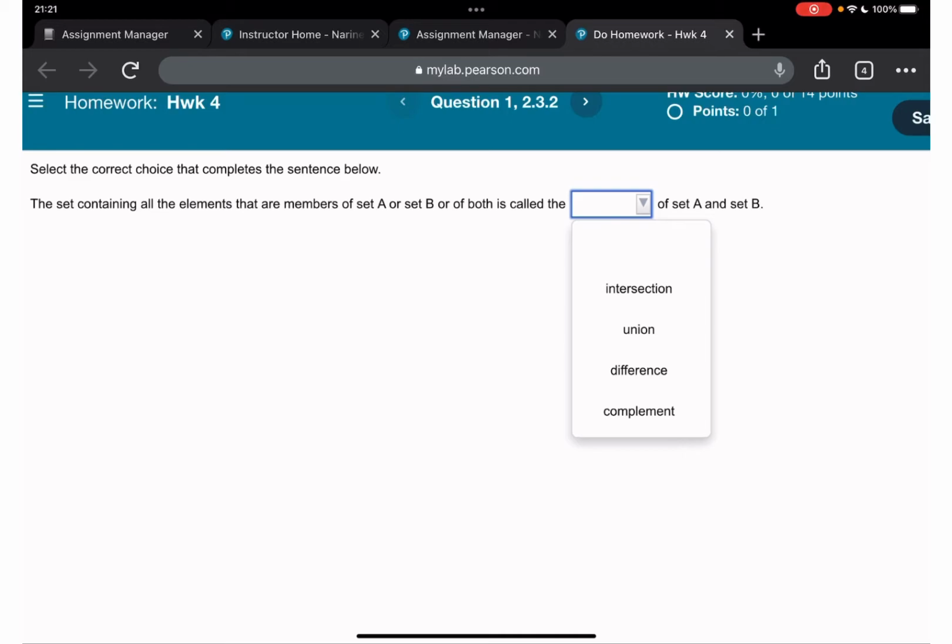Union is when you put both sets together. Intersection is when you take the part of A and B that is common to both of them.